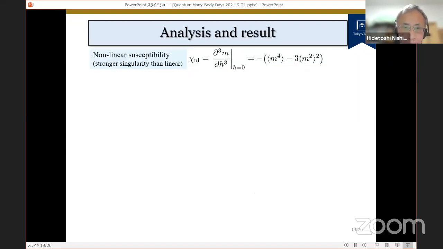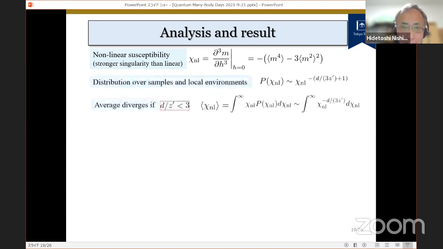So as I said, the nonlinear susceptibility, which is the third derivative of the magnetization, is predicted to diverge in a certain range of the parameter. To confirm this prediction, we looked at the distribution of this nonlinear susceptibility. This is a random system, so according to the choice of the randomness, this has a distribution. And it is known that the distribution has a power tail for large nonlinear susceptibility.